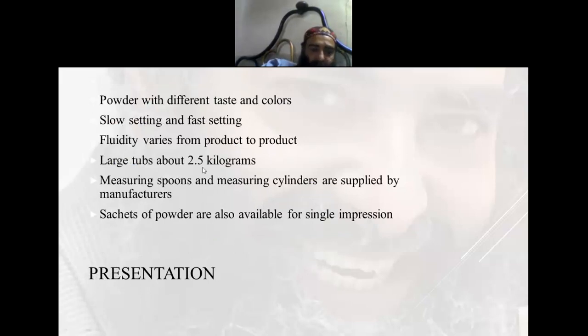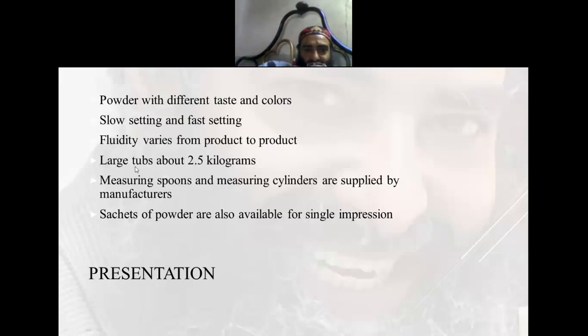So this is 2.5 kilograms. Is it clear? Yes, 2.5 kilograms. So the tub is not a huge tub. In dentistry, 2.5 kilograms is like a tub, like a box.